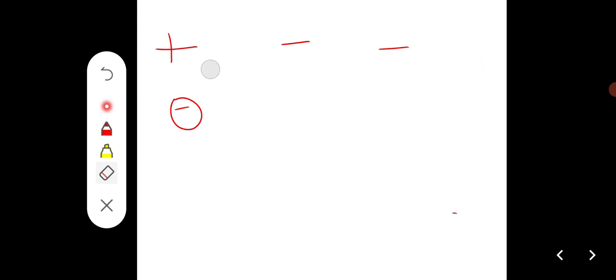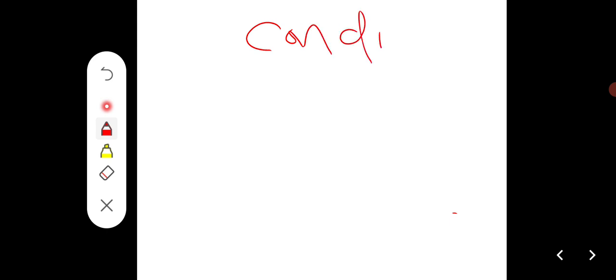Next, we are going to talk briefly about conductors. So what are conductors?